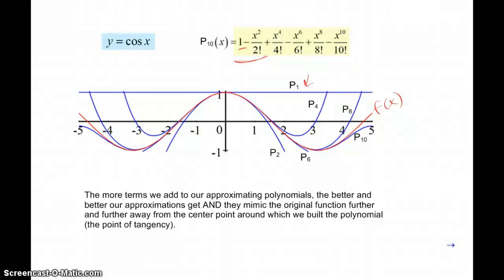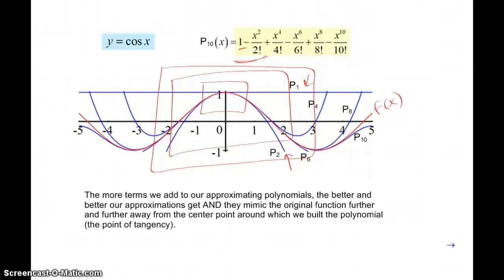P sub 2 is a parabola that opens down, translated 1 unit above the origin. So this is the parabola that opens down. The further and further we get away from x equals 0, the more and more terms we're going to need for our polynomials to act like the cosine function. Same kind of idea that we had with sine.